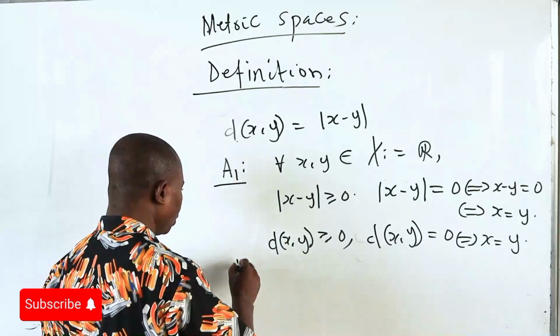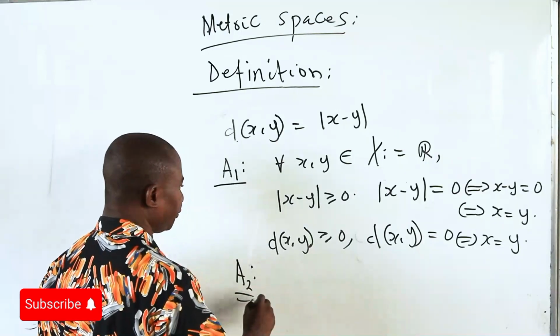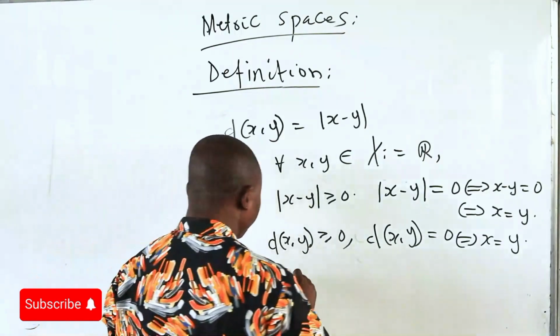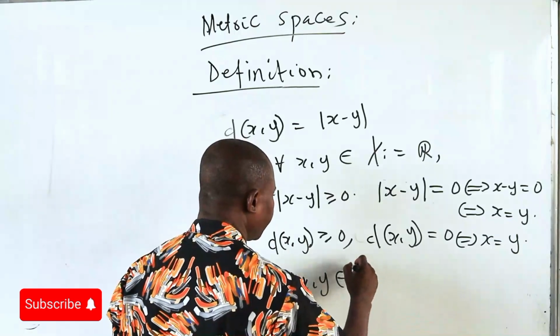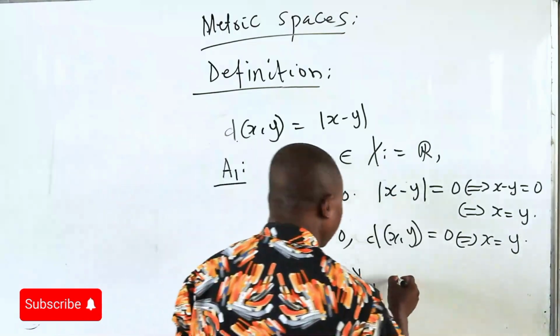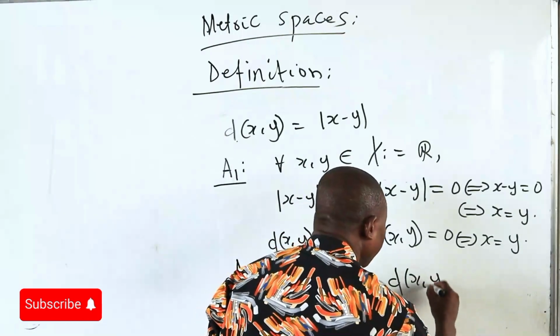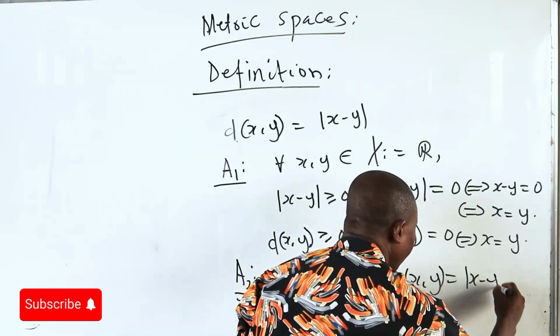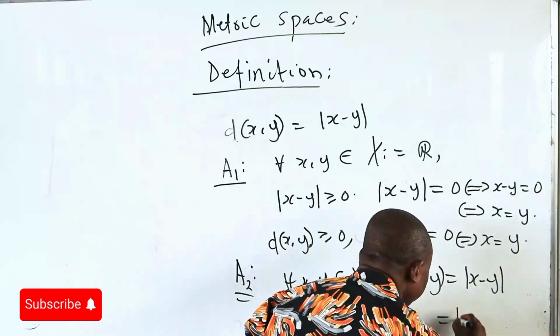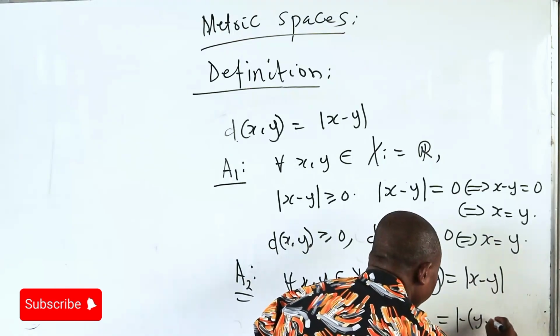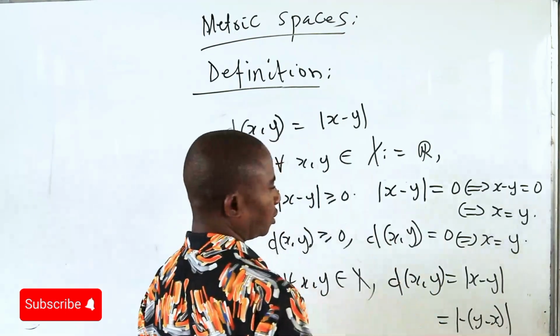For condition number 2, it is also not difficult to see. For any x and any y we take arbitrarily from capital X, d(x, y) is equal to the absolute value of x minus y. But this is the same as the absolute value of minus (y minus x).